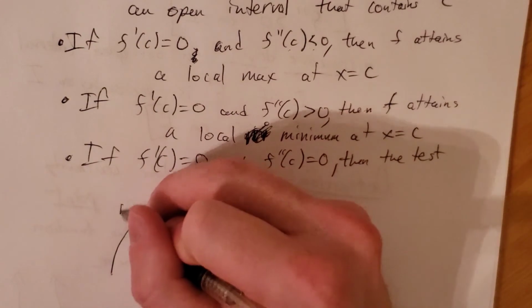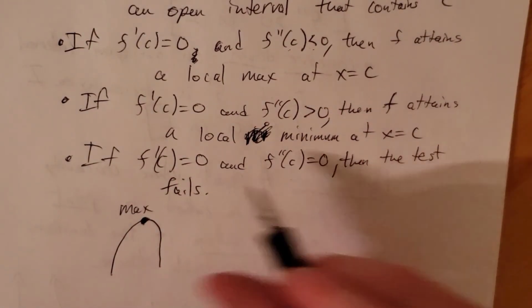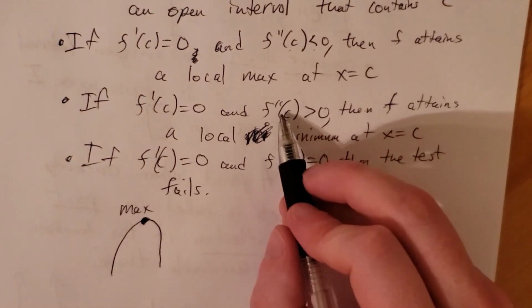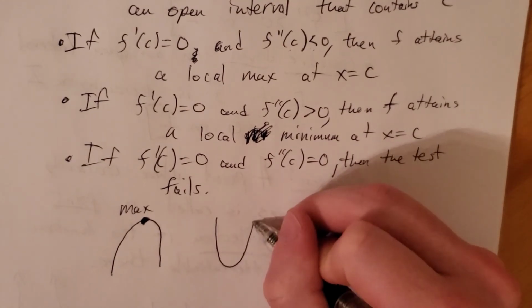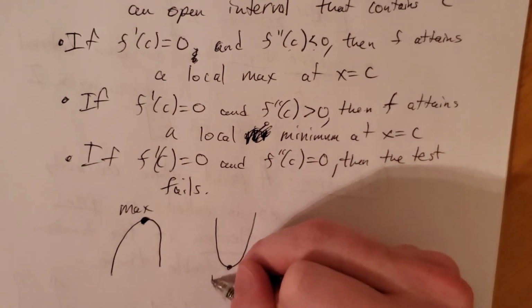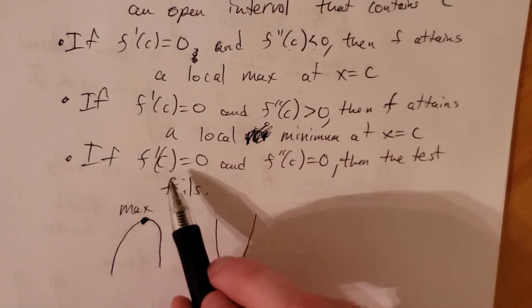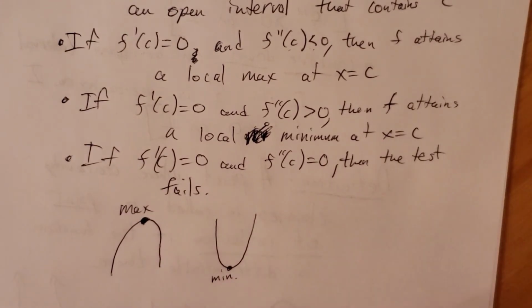That's what we've said here in this statement up here. If f prime of C is 0 and f double prime of C is greater than 0, that means the function is concave up there. That means we have a minimum. If f prime of C is equal to 0 and f double prime of C is equal to 0, then the test fails. We don't know. Maybe it's a maximum, maybe it's a minimum, maybe it's a point of inflection.